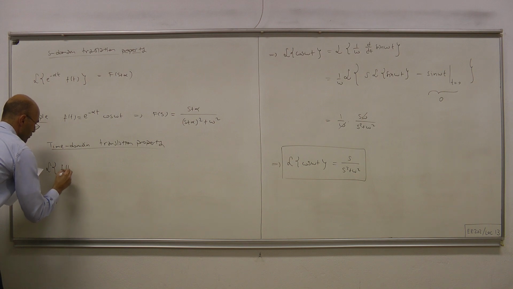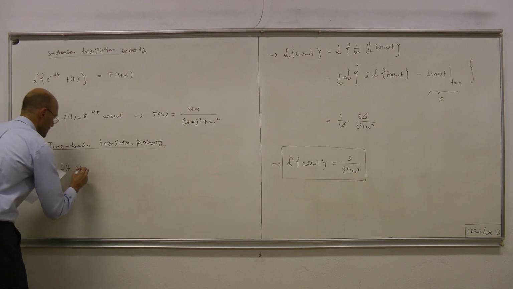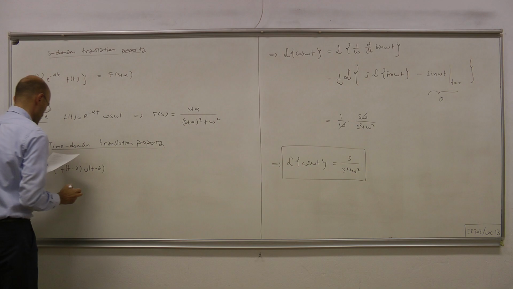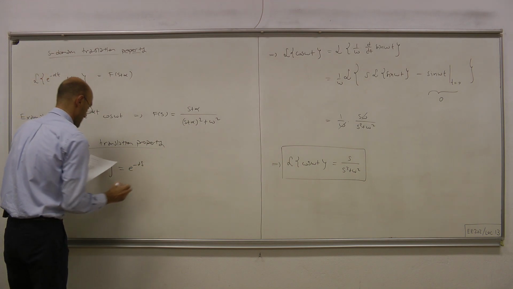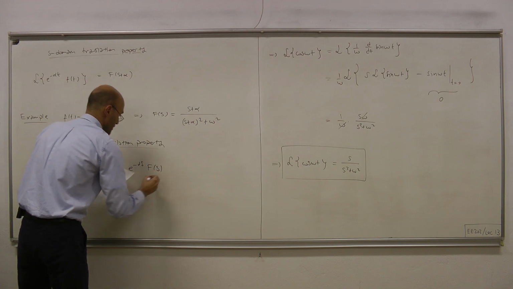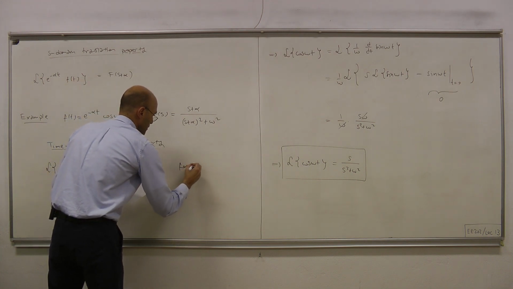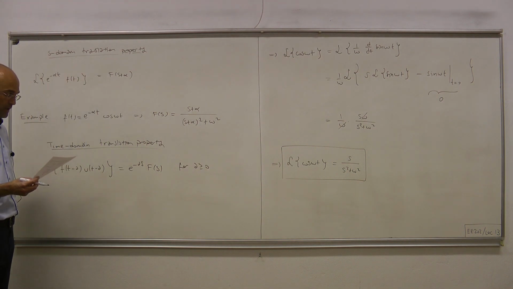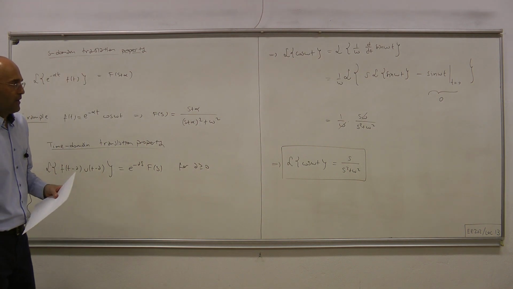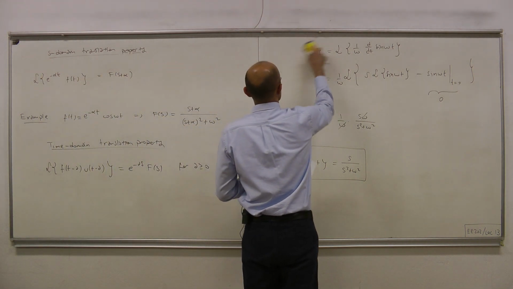The Laplace transform of f of t minus a times u of t minus a equals e to the minus as times F of s, for positive a. Again, it would be a nice exercise to derive that.